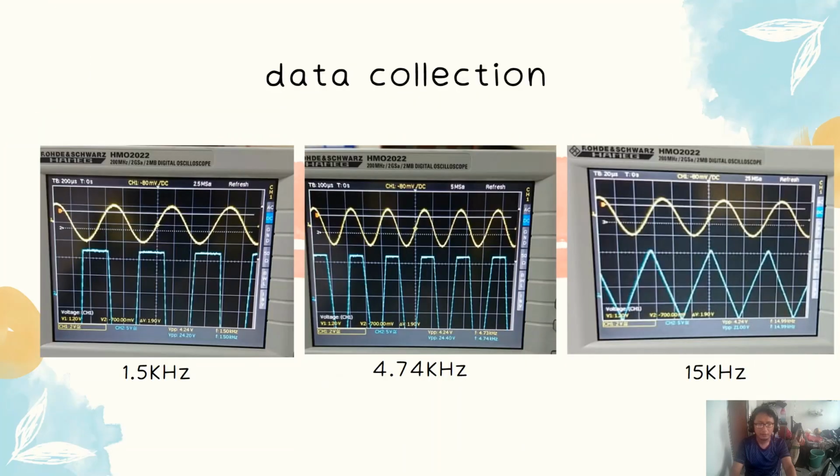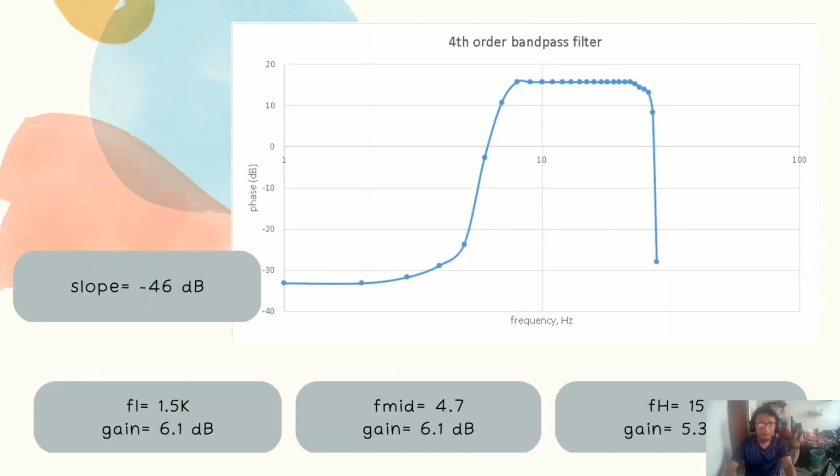So this is our result. As you can see, this is 1.5K low pass, 50K is high pass, and this is the mid frequency center. So this is our actual hardware result. As you can see, the source is negative 46, and the low frequency is 1.4.